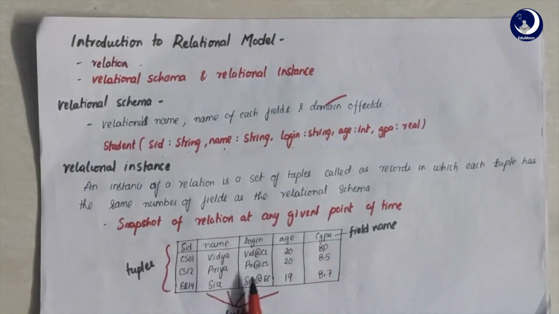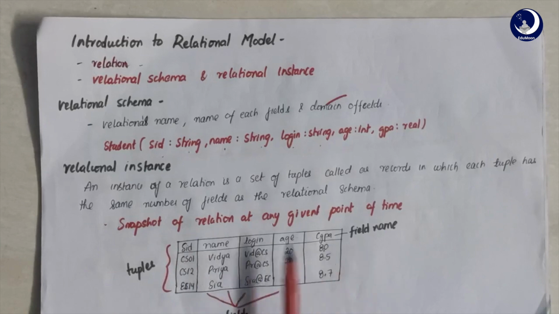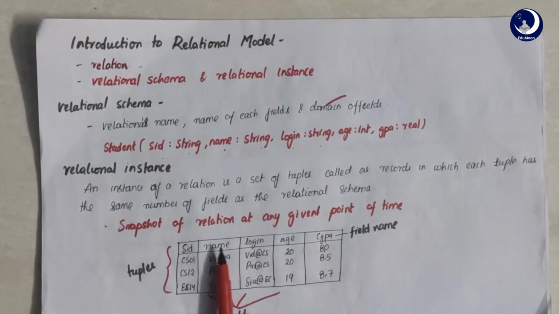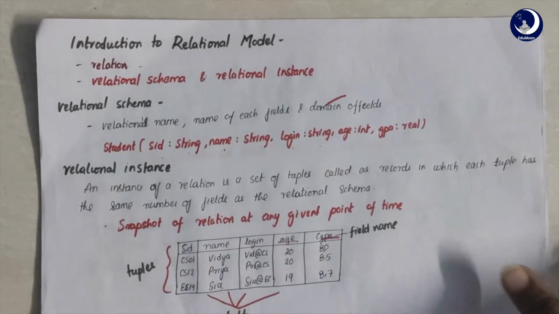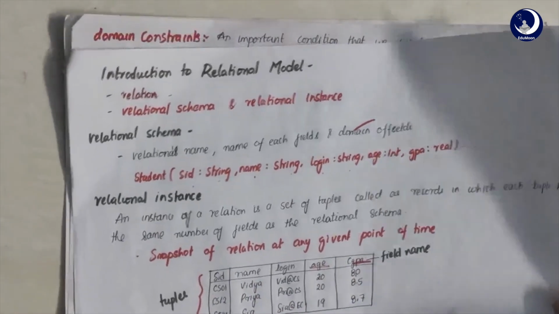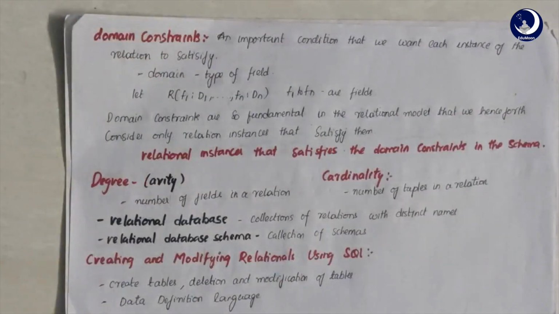And I have these values, Vidya, Priya and Sia. Here, each row is known as a tuple. These are the fields, these are the field names. Right, so let's see other things in a relational model.